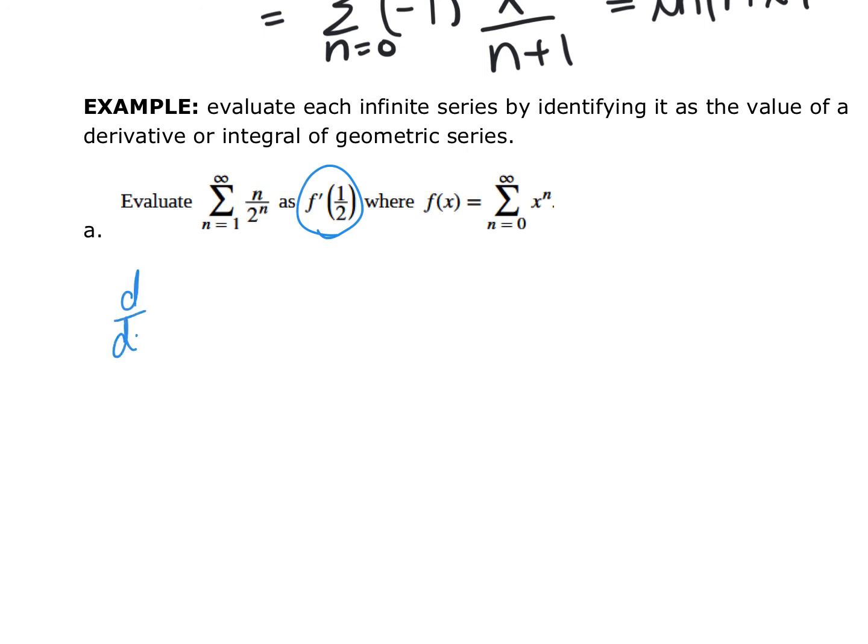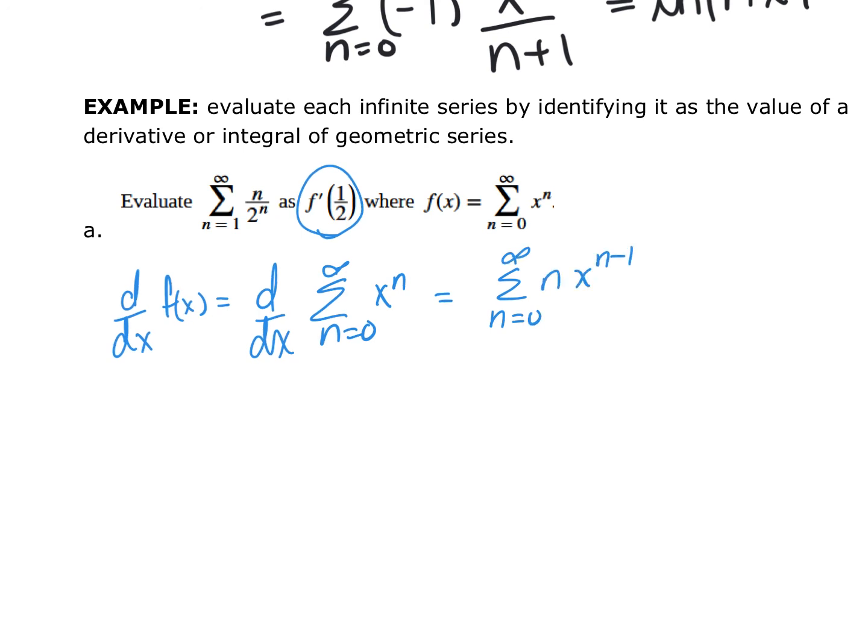So d dx of f of x, which is the d dx of the summation of n equals 0 to infinity of x to the n, which is going to give me the summation of n equals 0 to infinity of n x raised to the n minus 1. At the same time, though, the summation of n equals 0 to infinity of x to the n is going to be 1 over 1 minus x.